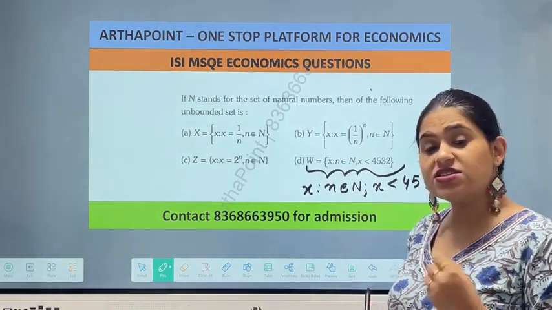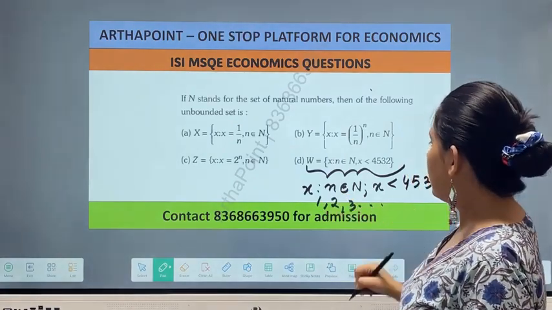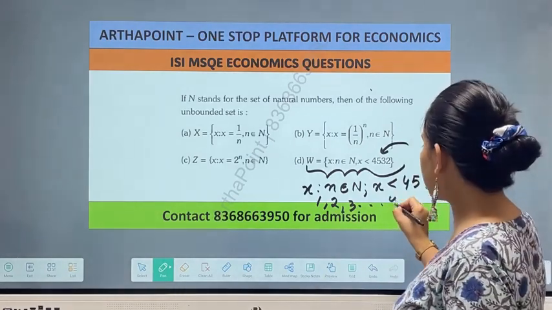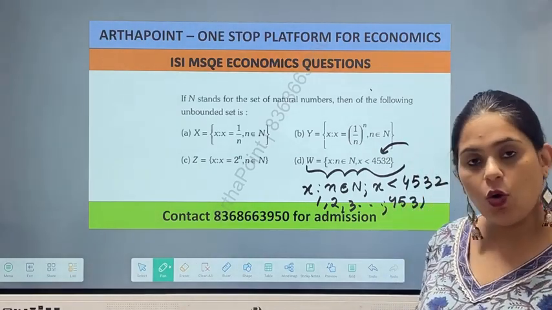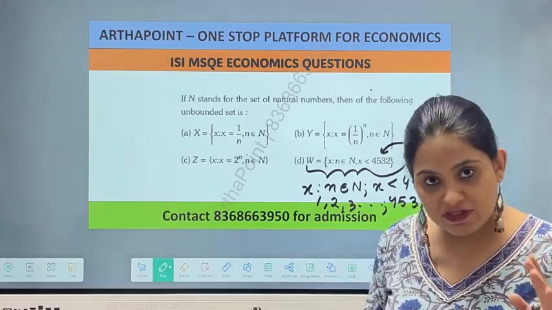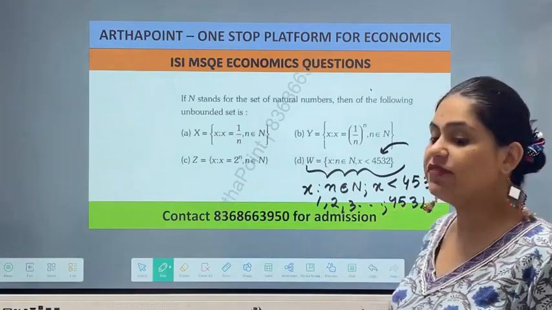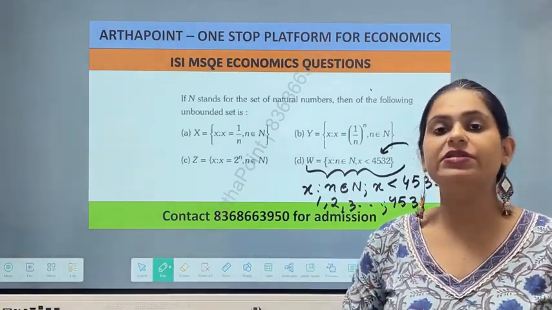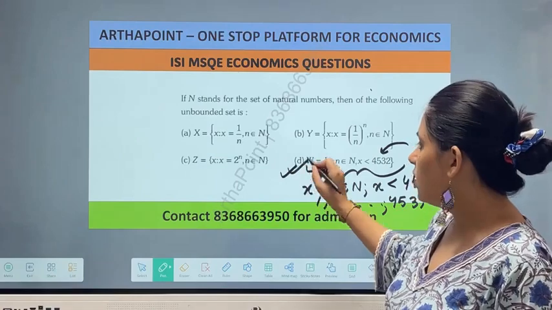So the last natural number can be 4531. It is bounded below. The minimum number I have is 1. It is bounded above. The maximum number I have is 4531. So there is an infimum to it. There is a supremum to it. This is bounded.